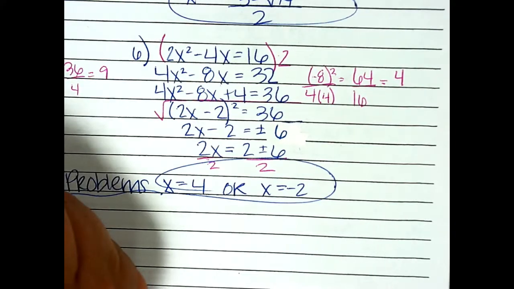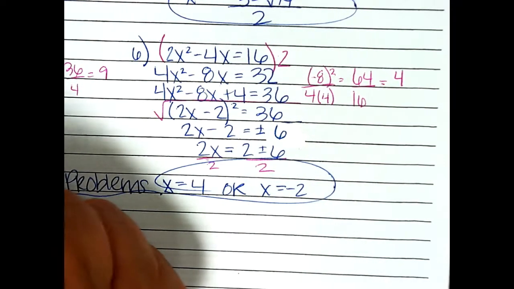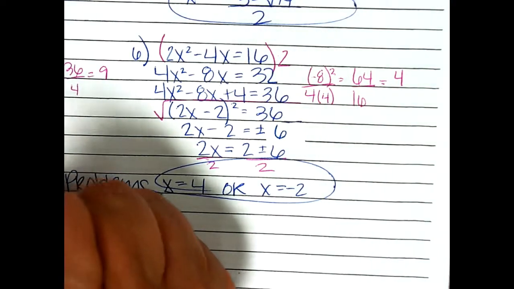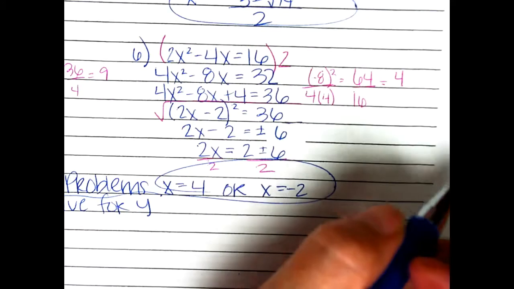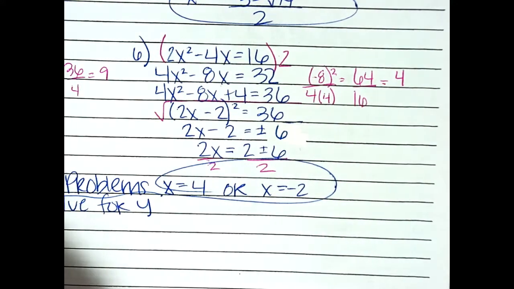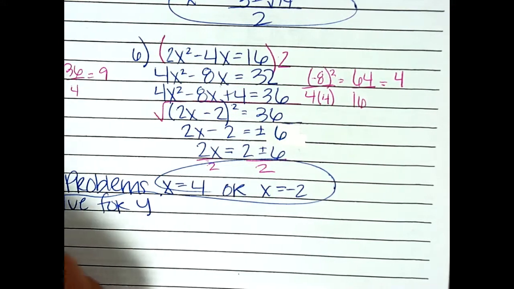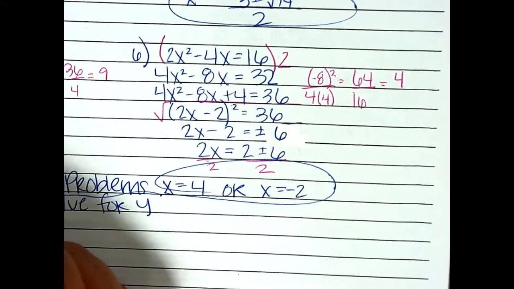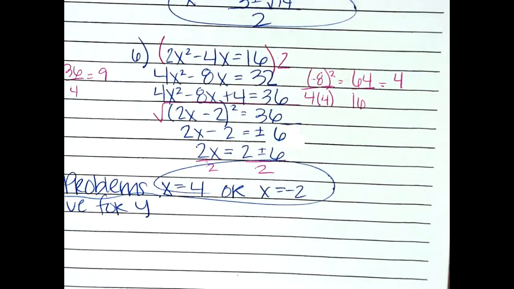When we find the vertex of a parabola, the formula is negative b over 2a, and then solve for y. Also, the motion model is h equals negative 16t squared plus vt plus s.